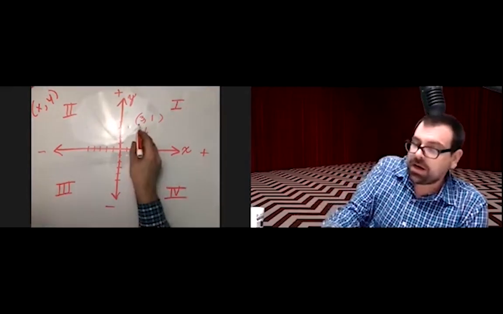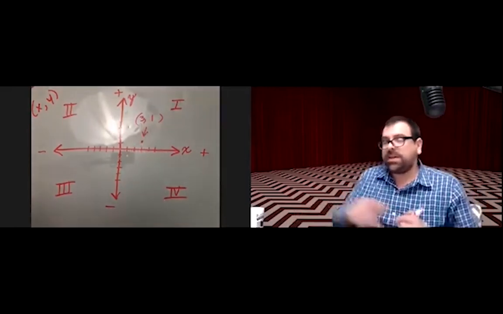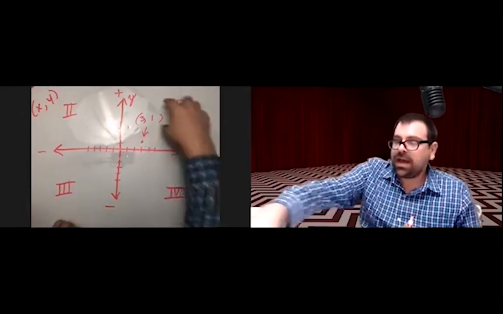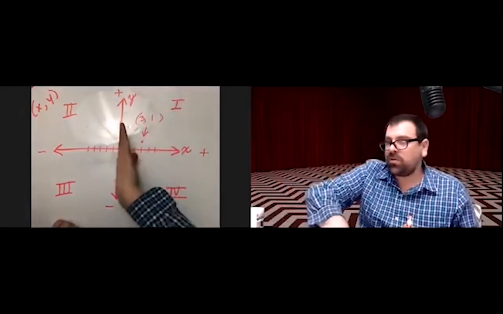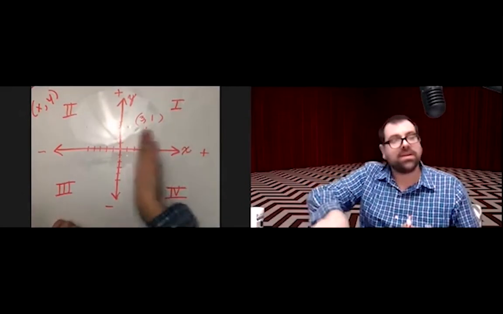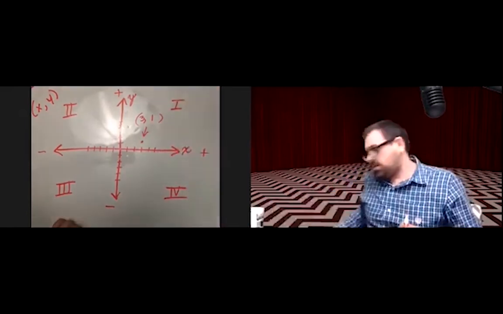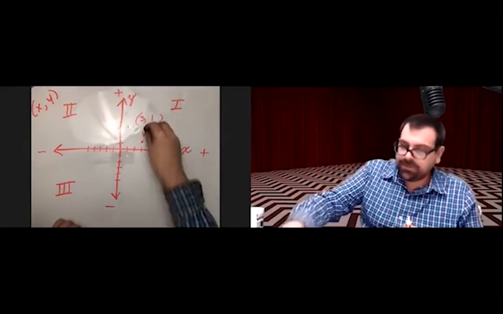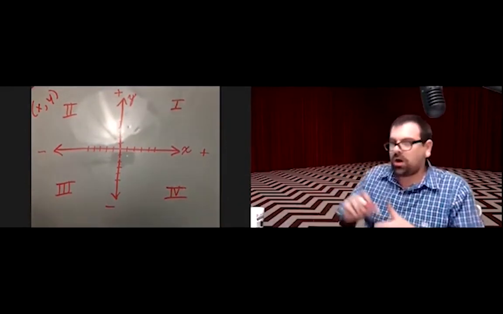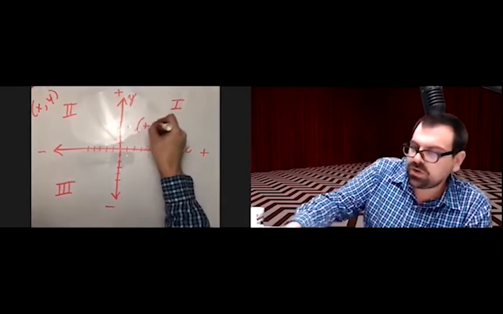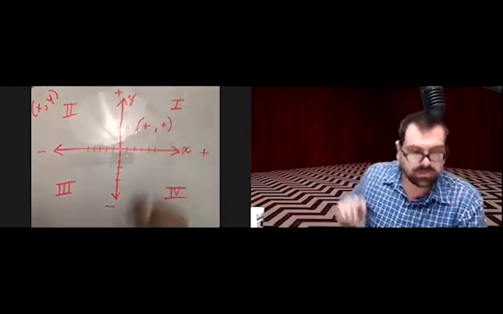Notice it's a positive number and a positive number because it's in quadrant I. And anything up here in quadrant I is going to have a positive x because it's to the right, and it's going to have a positive y because it is up. So all points in quadrant I will be positive, positive.